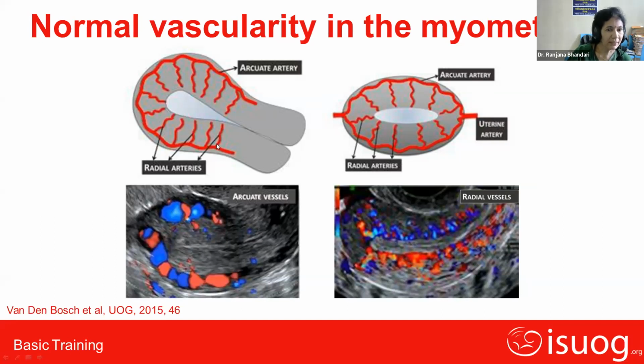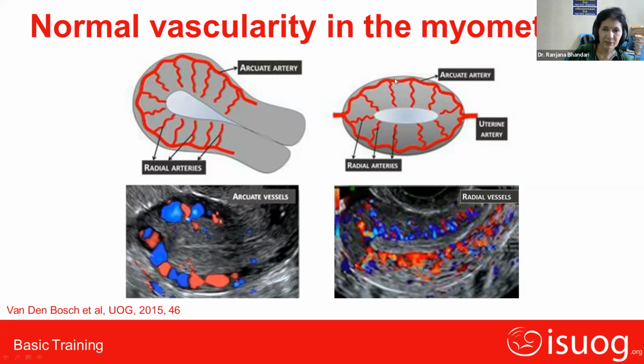From there, radial arteries originate and go perpendicularly, up to the basal part. In the basal part it becomes the basal artery, and then in the endometrium it becomes spiral arteries, which we studied last time.